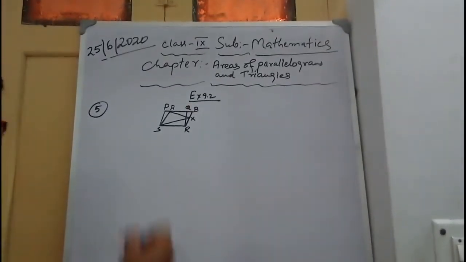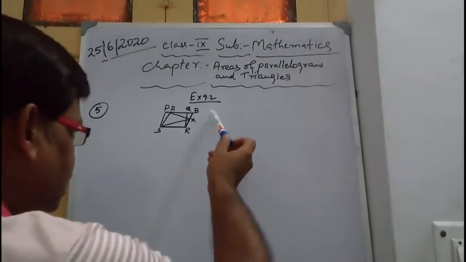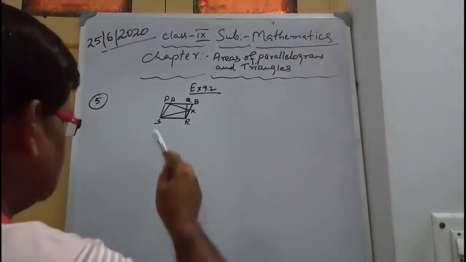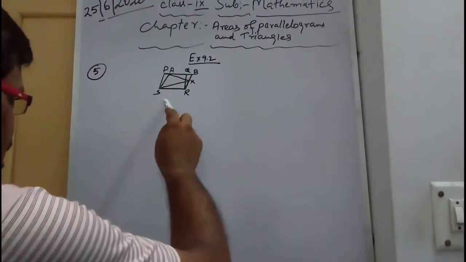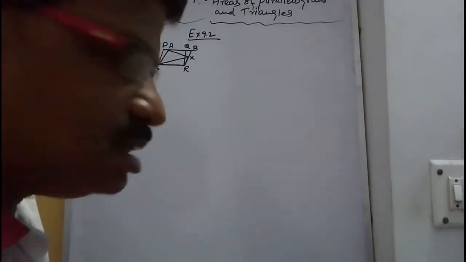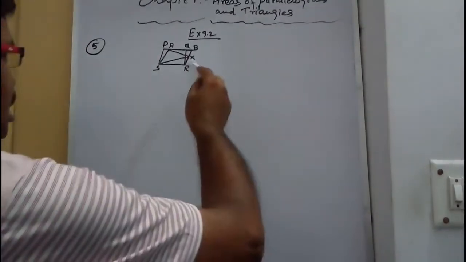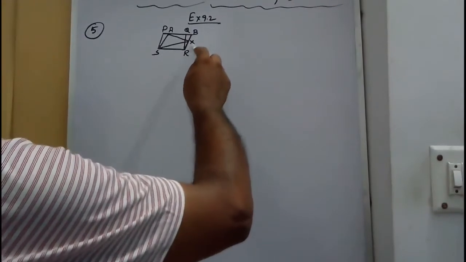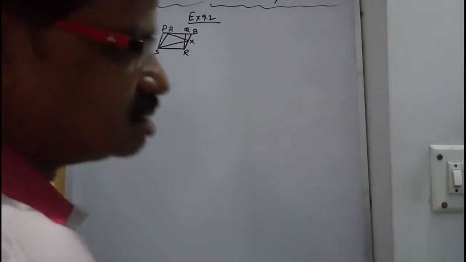Chapter Area of Parallelograms and Triangles, that is sum number 5 of exercise 9.2. In this question, PQRS and ABRS are two parallelograms and X is any point on the side BR.